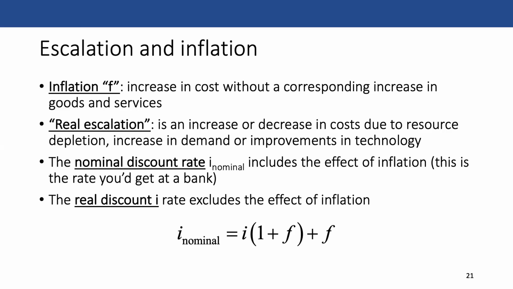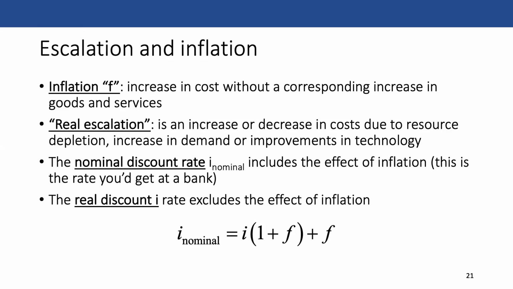The nominal discount rate includes the effect of inflation, and so you might think of this as more of a traditional interest rate. When we talk about a real rate versus a nominal rate, the real rate is the thing that excludes the effect of inflation. And so you can calculate the nominal rate by explicitly putting in the effect of inflation with this equation here.